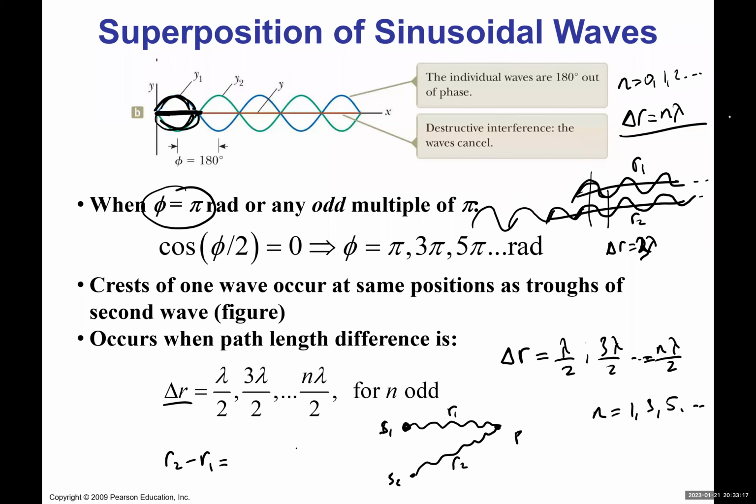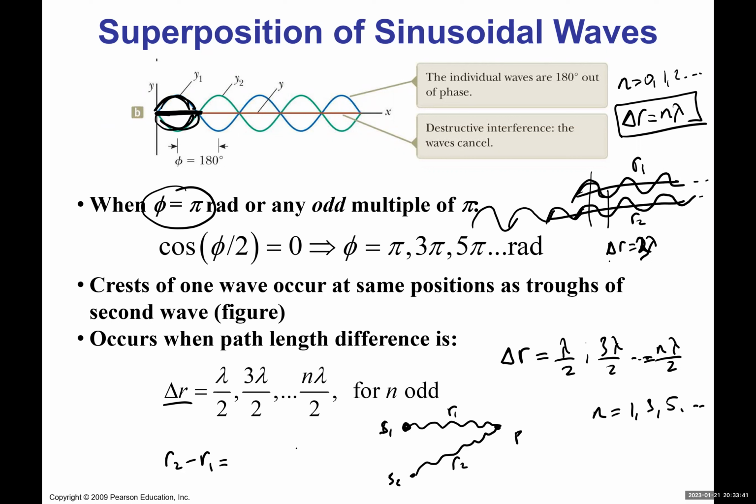Both waves travel exactly the same distance to reach P. But as long as this is true, you get constructive interference. That means the two waves have exactly the same number of wavelengths when they reach P, or one is longer by exactly 1 wavelength, or by exactly 2 wavelengths, or exactly 3 wavelengths, and you still get constructive.